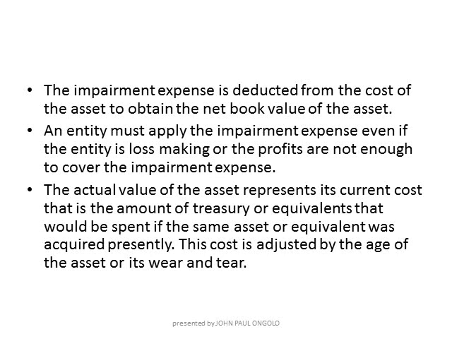Hence, if an asset was acquired 2 years ago, then the actual value of the asset will be the current price of the asset, which will also be depreciated on a 2-year basis so that we can compare like with like.